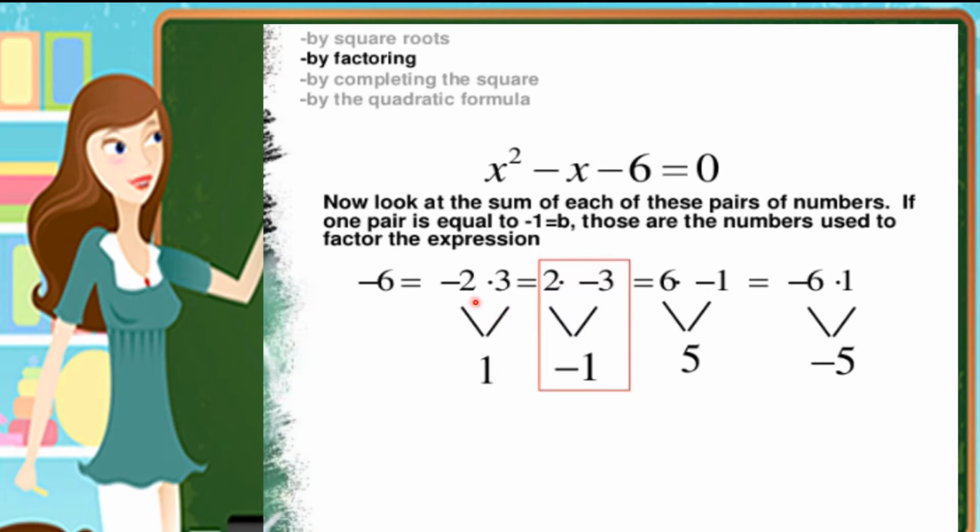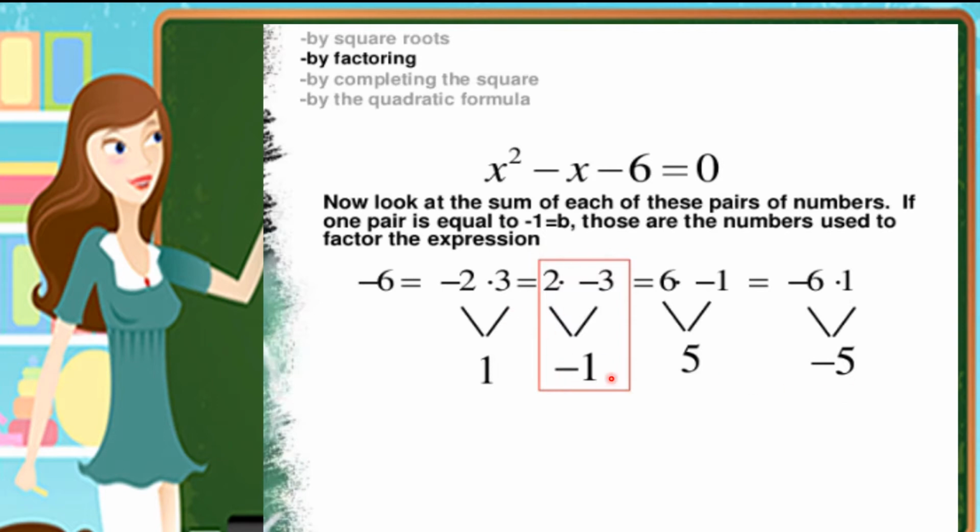Try natin negative 2 plus 3 is positive 1. Hindi ito pwedeng gamitin. We have 6 minus 1 is 5, kaya hindi din siya pwedeng gamitin. And we have negative 6 plus 1 is equal to negative 5. Hindi pwede.